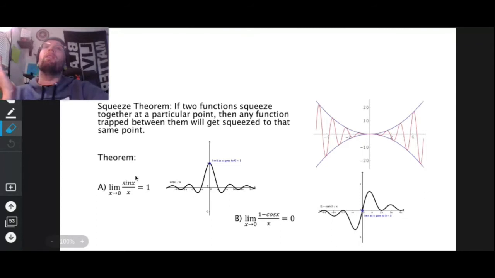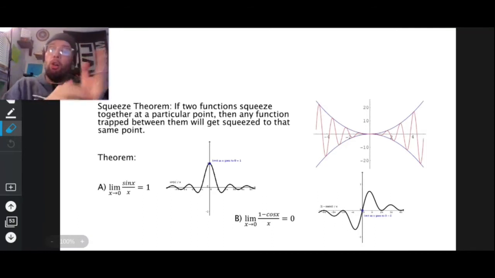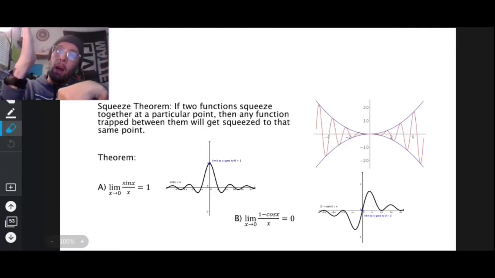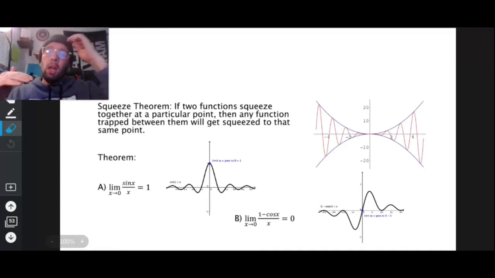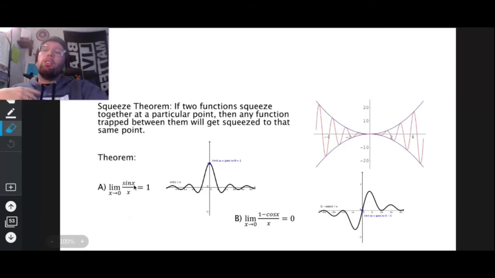However, without needing to use graphs, and without having to plug in a really, really small number on the left side and on the right side to see if they go to the same thing, squeeze theorem gives us two theorems that I can actually use. Sine x over x, I can't plug in 0, but I know, according to this picture, that the limit as x goes to 0 of sine x over x is 1.